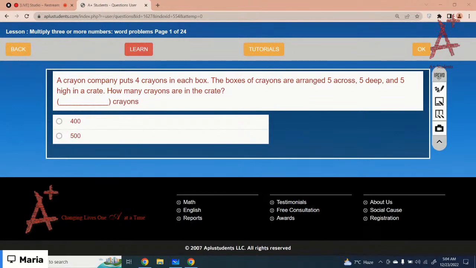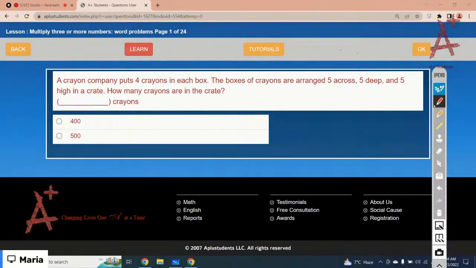The boxes of crayons are arranged five across, five deep, and five high in a crate. How many crayons are in a crate?